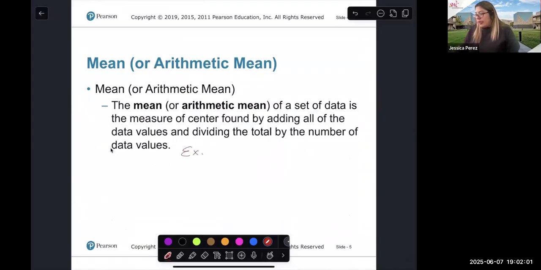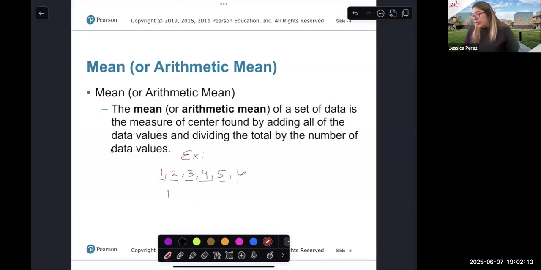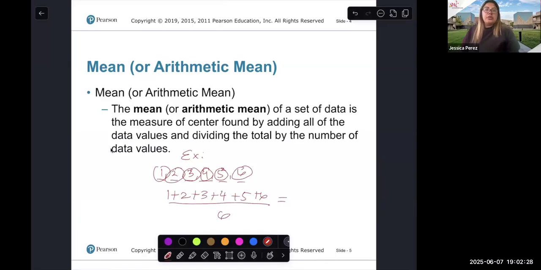For example, to find the mean of 1, 2, 3, 4, 5, and 6, I add all of the values: 1 plus 2 plus 3 plus 4 plus 5 plus 6, all over 6 values. 1 plus 2 is 3, plus 3 is 6, plus 4 is 10, plus 5 is 15, plus 6 is 21, all over 6.